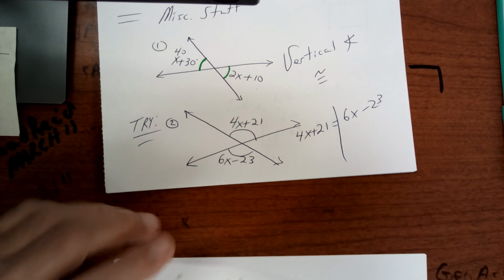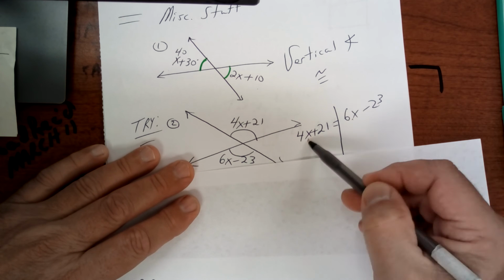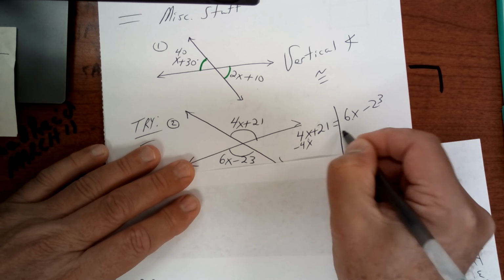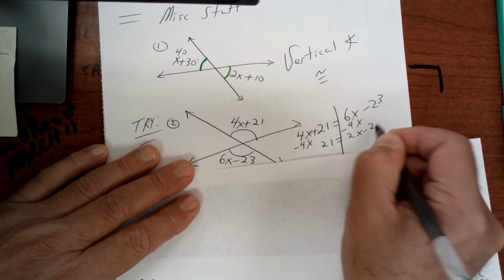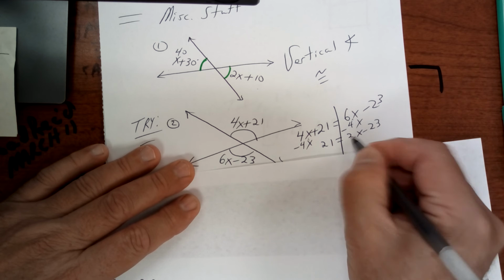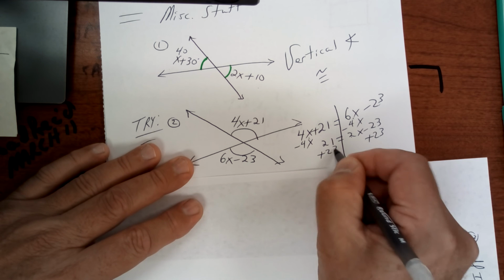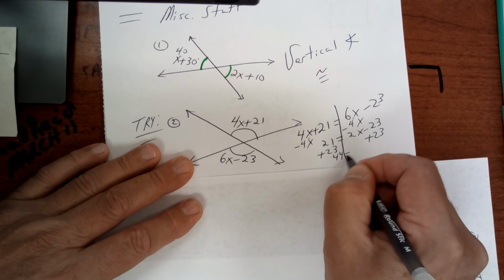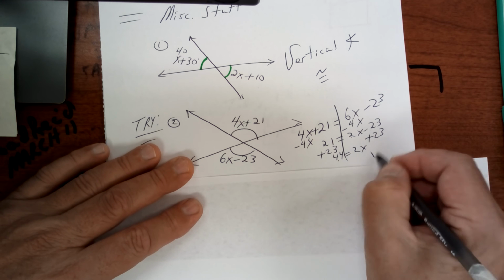So here you have x's on this side and that side, but you want to get rid of the smaller one. So subtract 4x. And then you want to add and divide. So you want to add 23. When you do, you're going to get 44. And when you divide by 2, half of 44 is 22. So x equals 22.